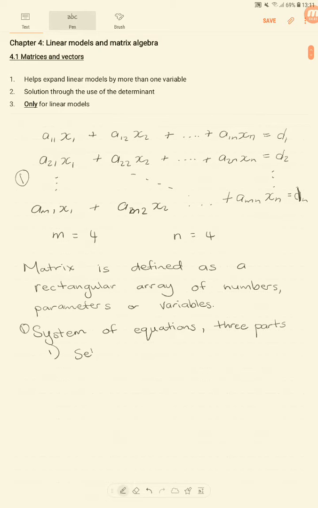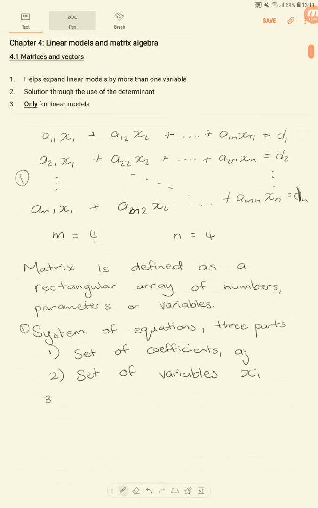First, a set of coefficients, which would be aij. Second, we have a set of variables, this is xi.